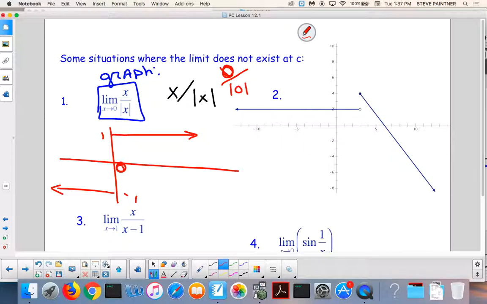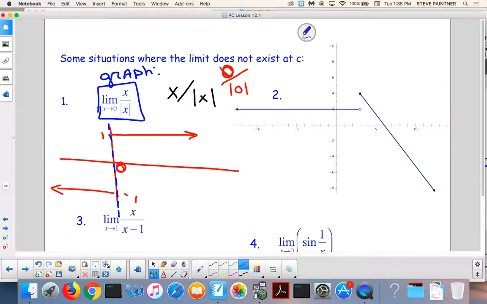Can you divide by 0? No. So right at 0, it's undefined. When your function's undefined, that's when you get the vertical asymptote.